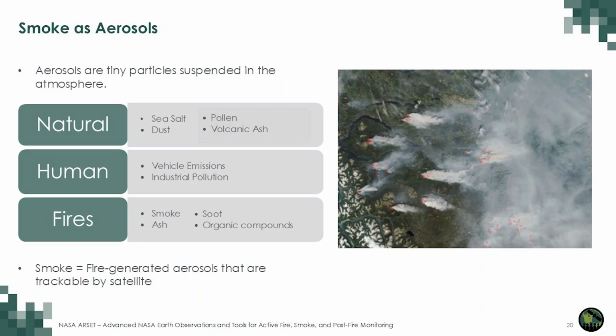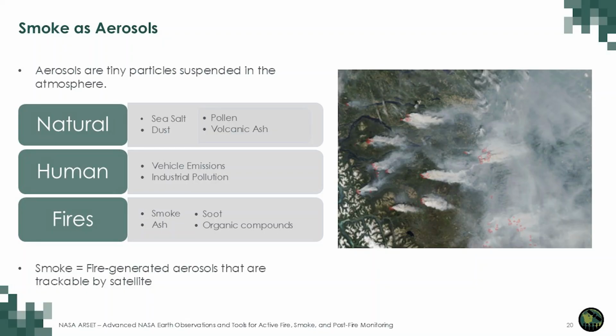We have human-generated aerosols from vehicle emissions and industrial pollution, and then we have fire-generated aerosols, and this is where smoke fits in. So a key concept from this is that smoke is simply a type of aerosol. It's made up of tiny particles from burning vegetation, and because it's suspended in the atmosphere, we can track it using satellite instruments. And that's what makes FIRMS so useful for smoke monitoring.